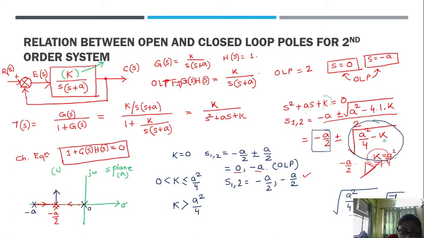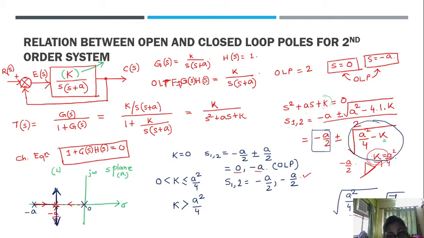The more the value of k, the more they drift apart from each other, but not along the real axis. The real part will be the same. The imaginary value, that is the j omega value, will change depending upon the magnitude of k. Am I clear?